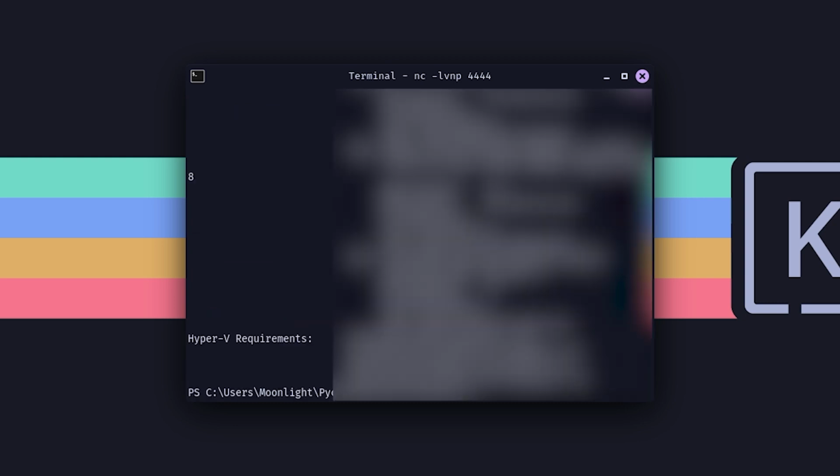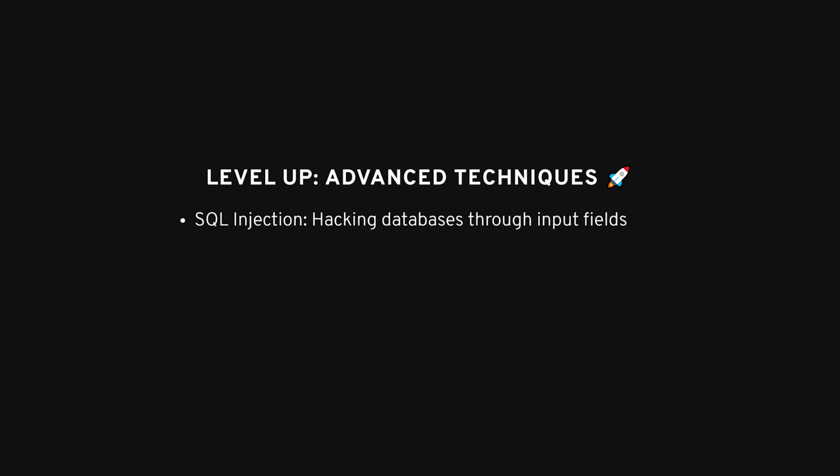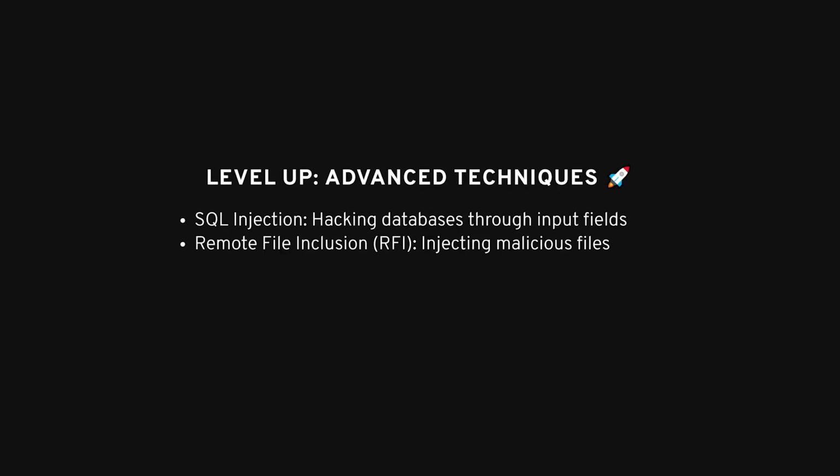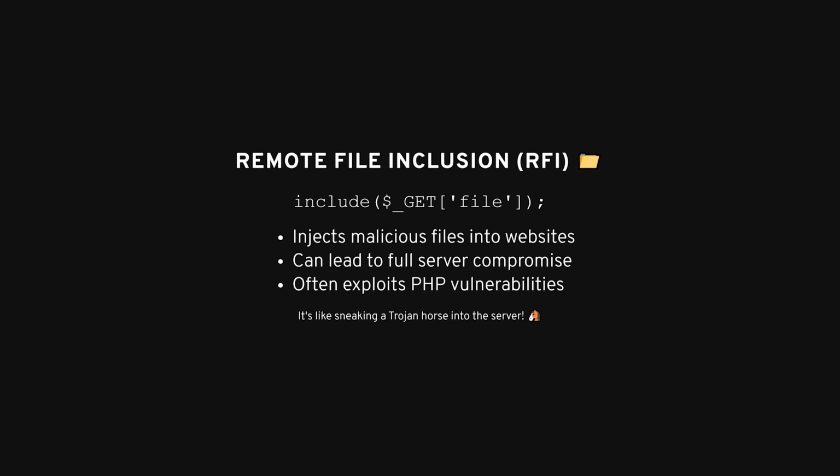Once you've got the hang of reverse shells, there's a whole world of remote access techniques you can add to your toolkit. Here are two common ones. SQL injection. This method targets websites with databases. By sending malicious code through vulnerable input fields, like a search box, you can get the database to run commands for you, sometimes even loading files that create remote access. Remote file inclusion, RFI. This technique allows you to inject a malicious file into a website.